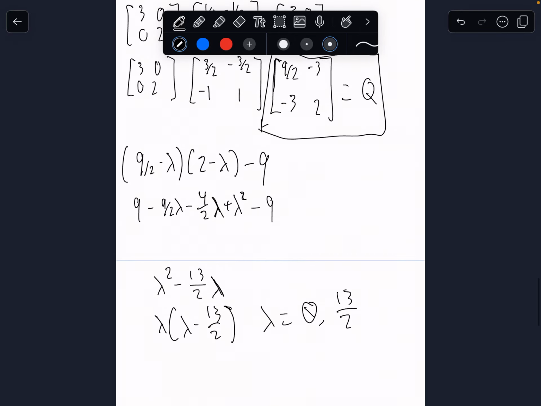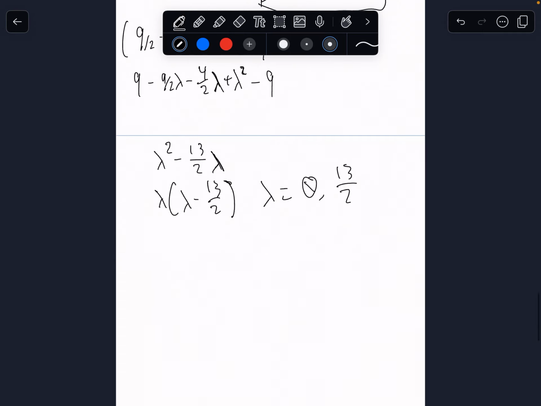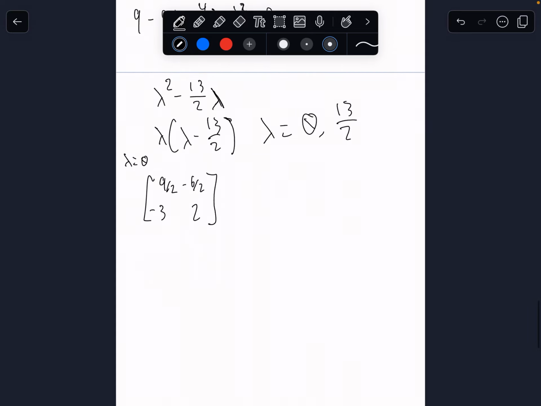Should make this more clear. This would be 9/2, -3, -3, 2. This is lambda equals 0. I guess I'm doing this out of order.